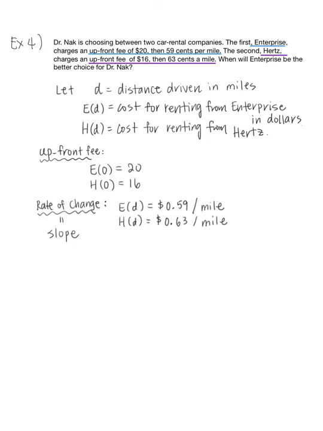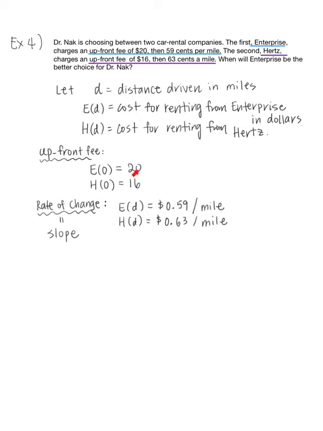So let me write that out. All right, so what have we got so far? We have our slope, and then let's look at the upfront fee. This is when D is 0, y is 20, or E of 0 is 20. So isn't this nothing but the definition of the y-intercept? Think of E of x equals y. When x is 0, the corresponding value of E of 0 is going to be 20, right?